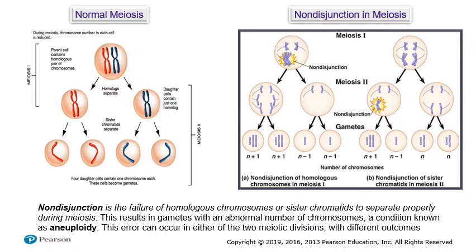When non-disjunction happens in the second meiotic division, only one of the cells is affected, so 50% of the daughter cells will be aneuploid, n+1 and n-1, and the other 50% will be normal.